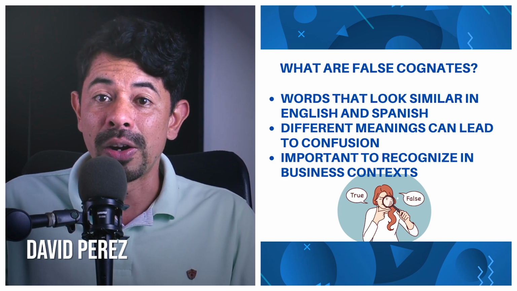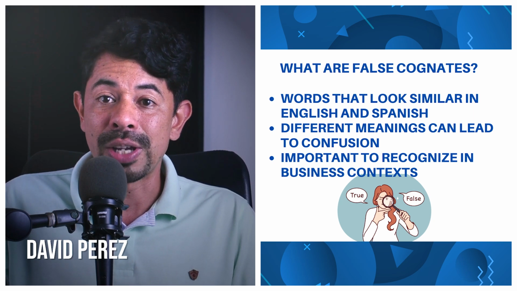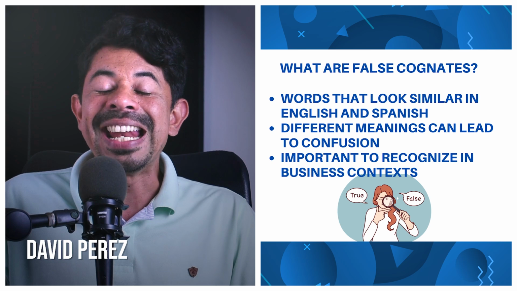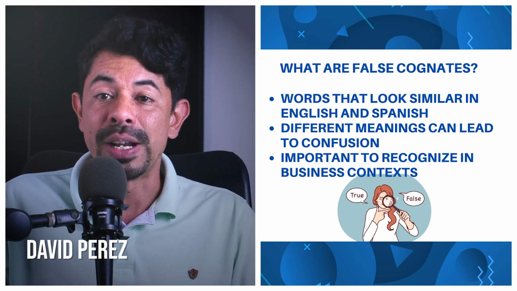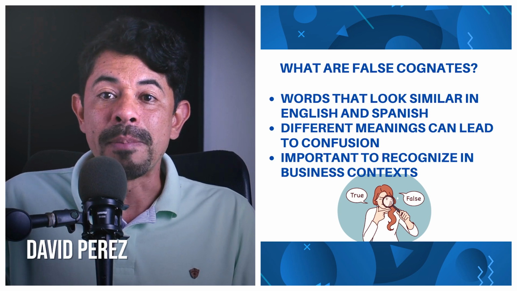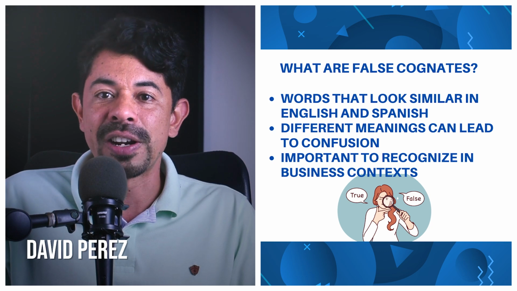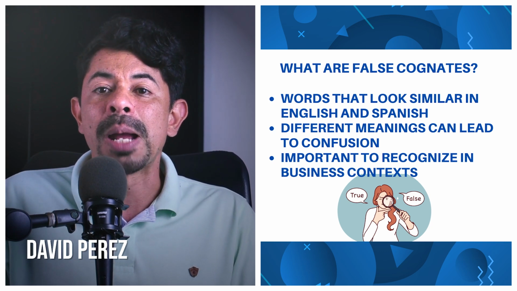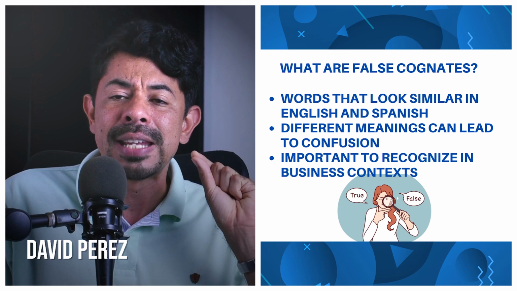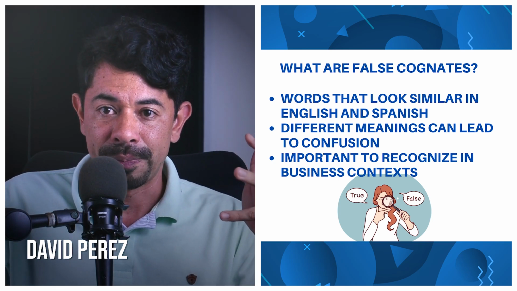They look similar and they sometimes sound similar in your native language and in English, but the meaning is different. Sometimes the meaning can be totally the opposite or very different or unrelated, or sometimes the meaning is just a tiny bit different. There is like a small nuance in difference.